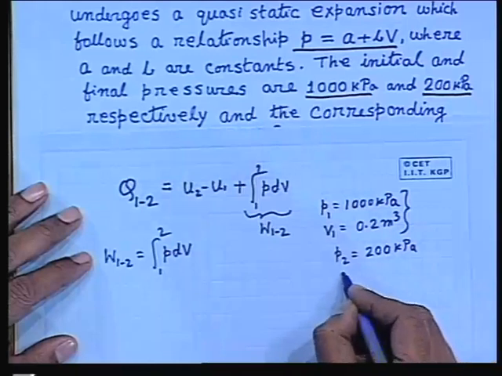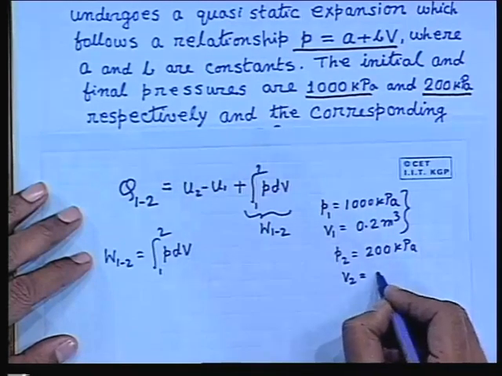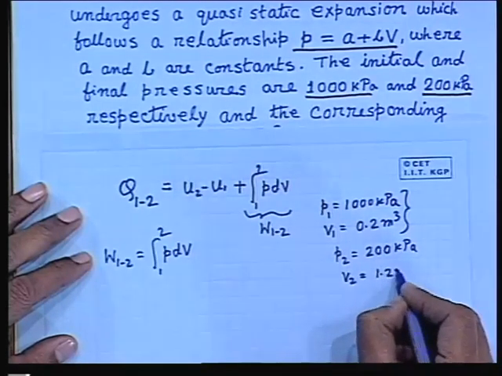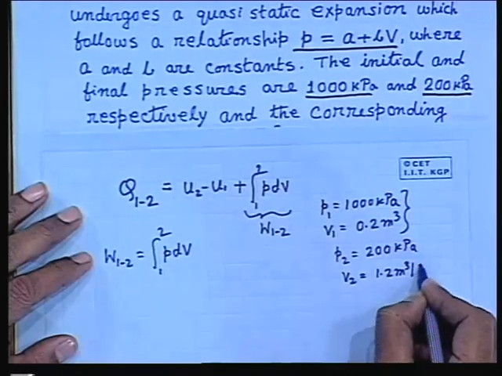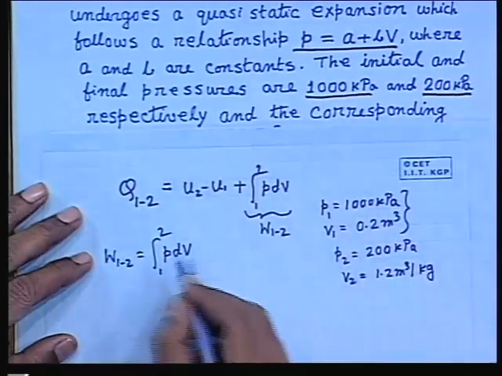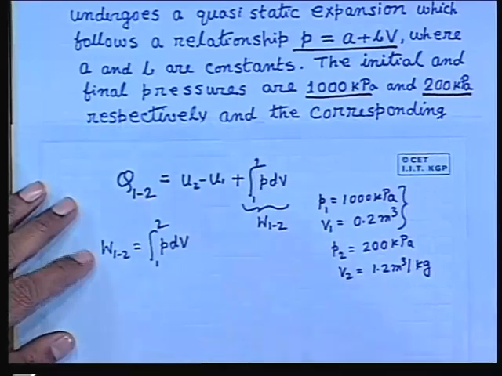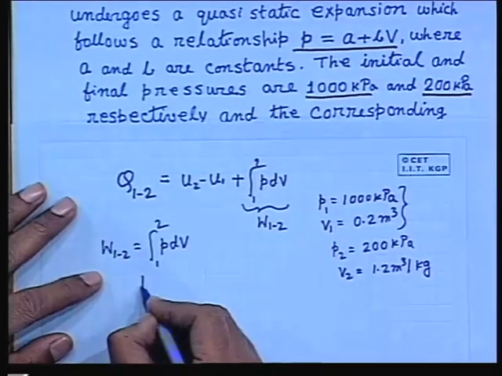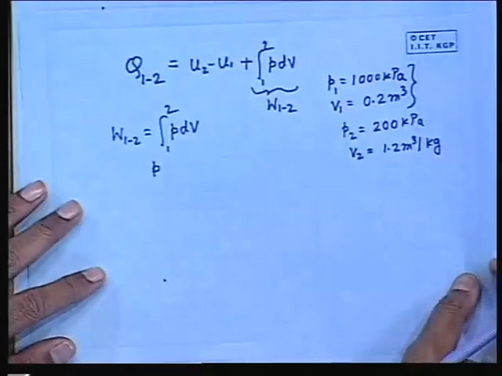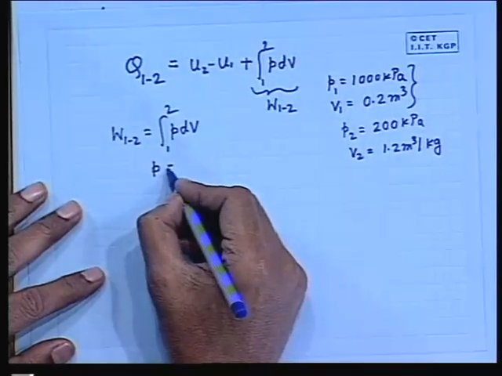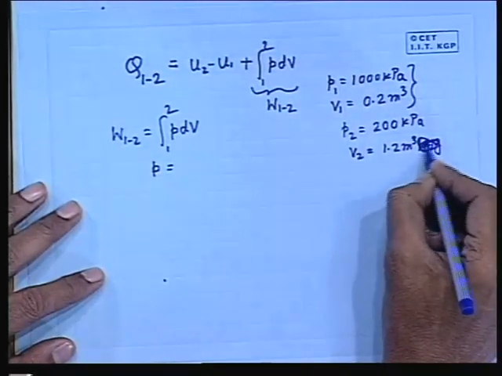What is V2? 1.2 meter cube per kg, not meter cube per kg, only meter cube, very good.